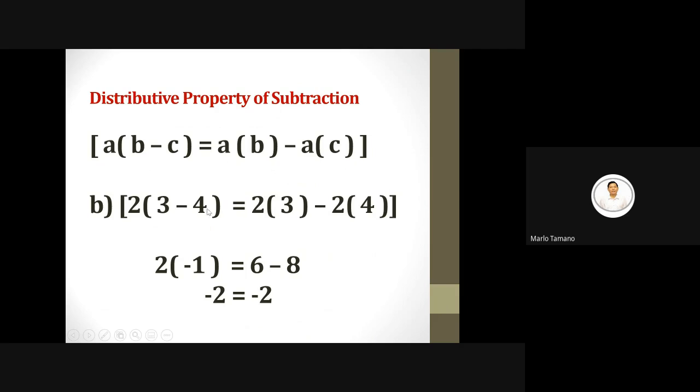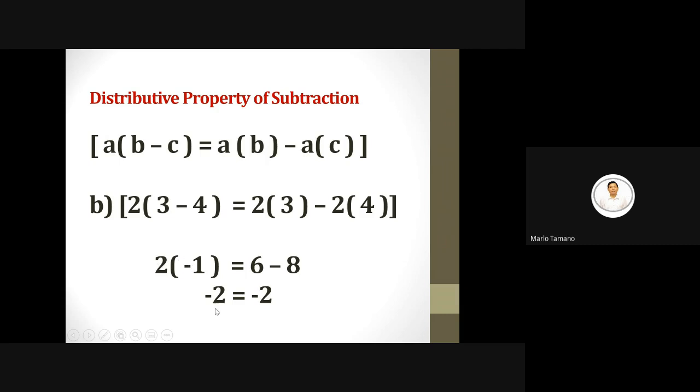If it is positive, change it to negative. So, ganito ngayon ang nangyari. So, 3 plus negative 4. They are unlike signs. Proceed to addition. 4 minus 3 is 1 and copy the sign of the greater absolute value. So that's why we have here negative 1.